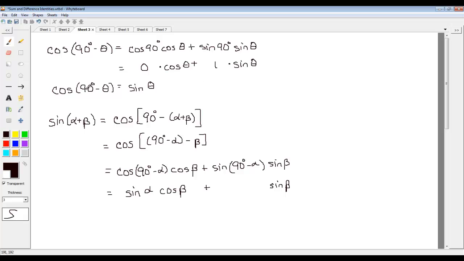Well, pi over 2 or 90 degrees. It turns out, just like cosine of 90 minus theta equals sine of theta, you also have that sine of 90 degrees minus theta equals cosine theta. So this equals cosine of alpha right here. There's another one of our identities. Woohoo!